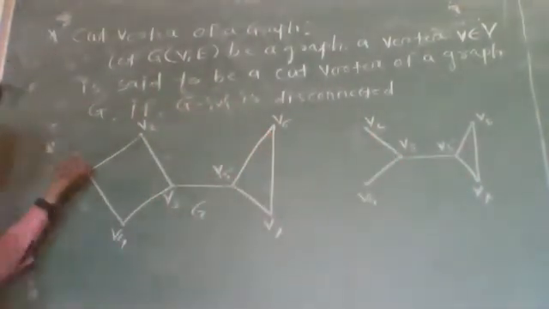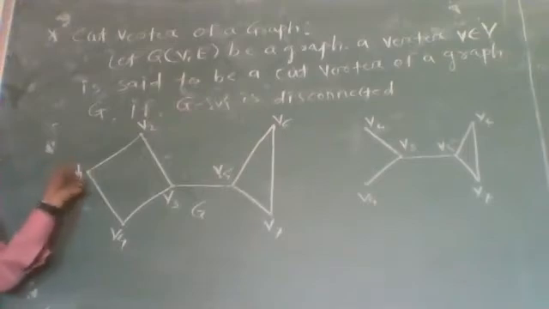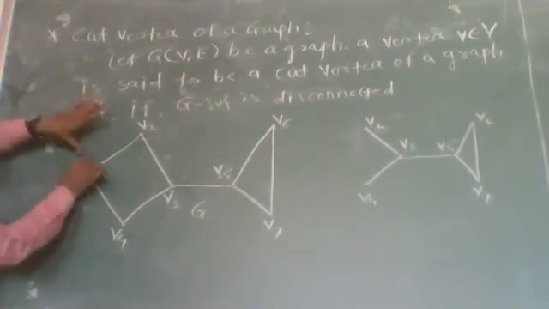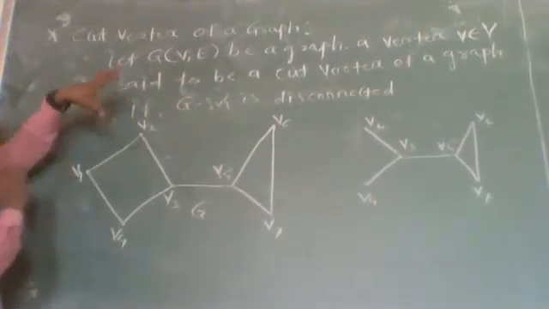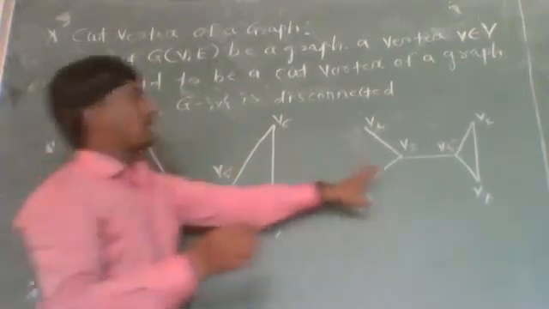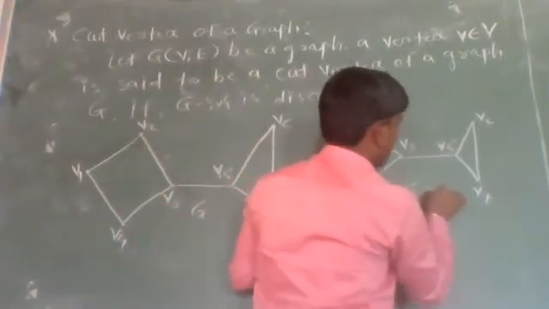If we remove vertex V1 from graph G, we also have to remove the edges incident on V1. So this one is the graph G minus V1.